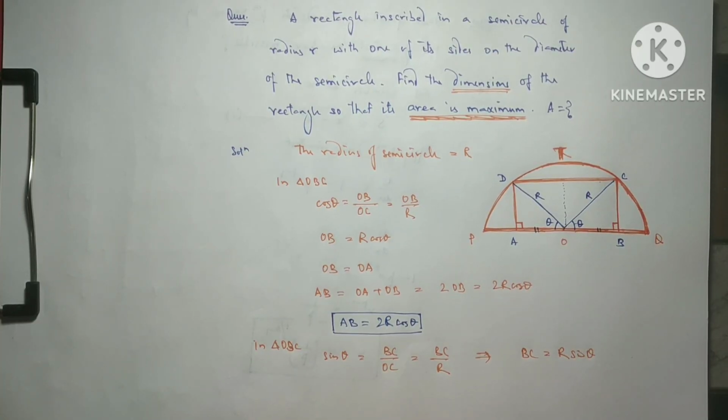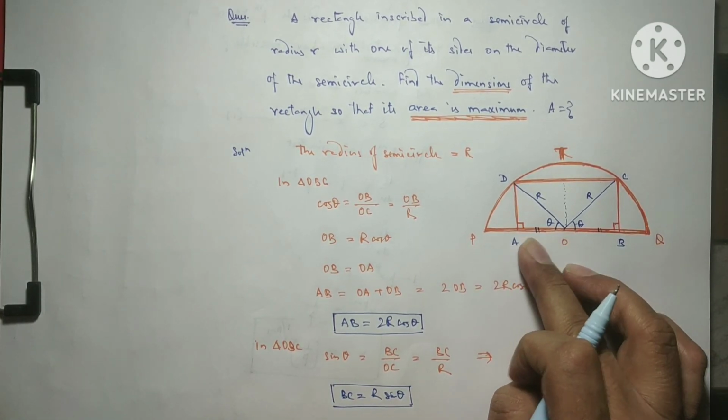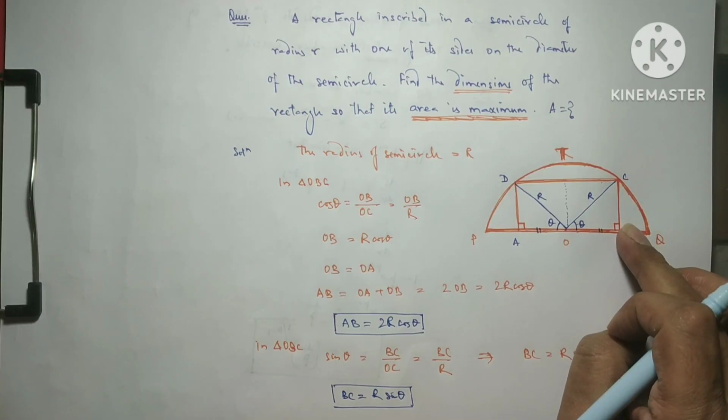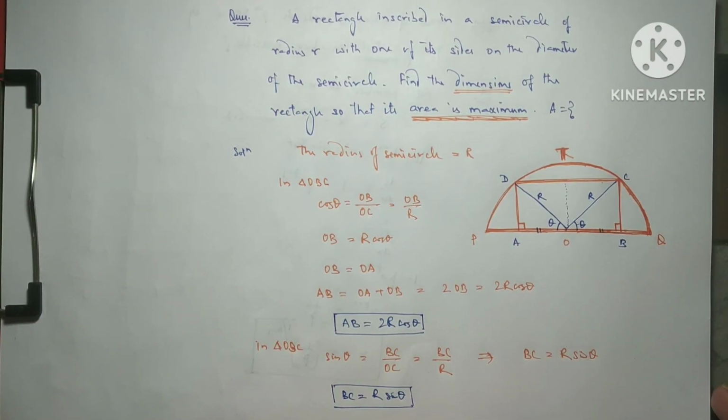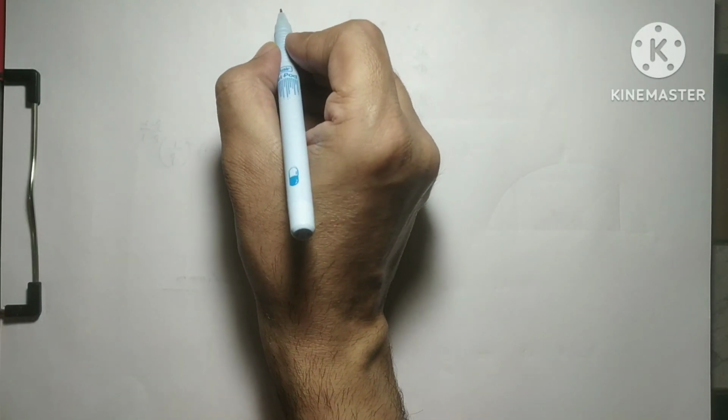So the other side of this rectangle is BC, that is R sine theta. Now we have the length and the width of the rectangle, so we can calculate the area of the rectangle easily.